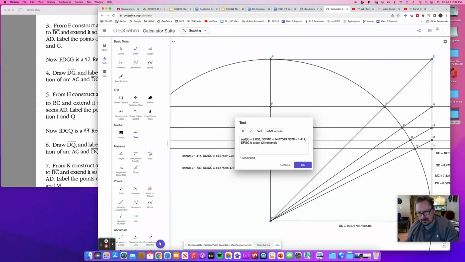This equals 2.000. So DLMC is a root 4 rectangle. Okay.